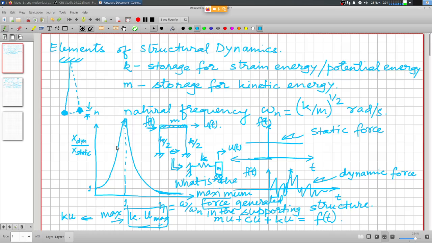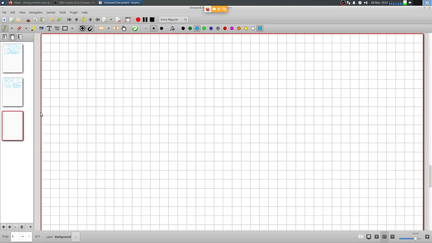So whatever is the natural frequency of the oscillator, its dynamic response is going to be different, and therefore what we typically use is the response spectrum.